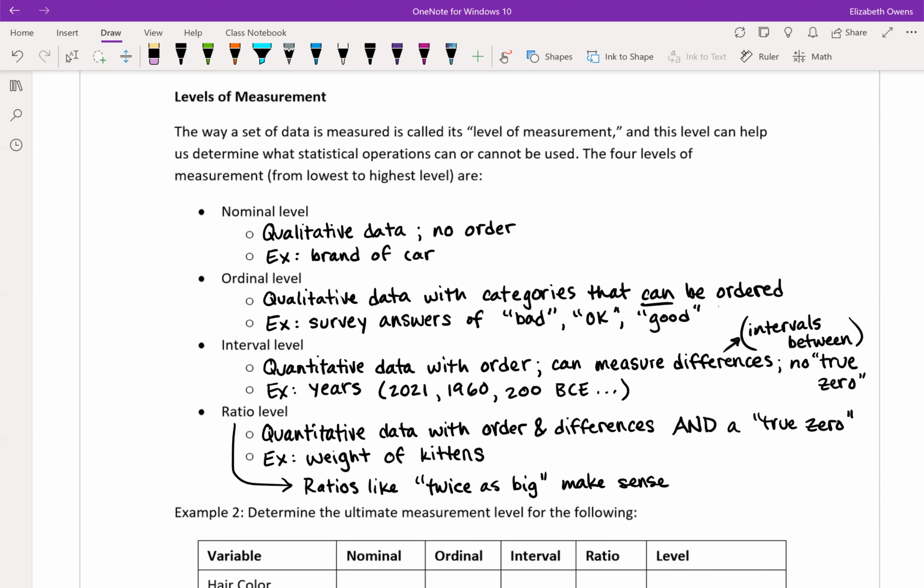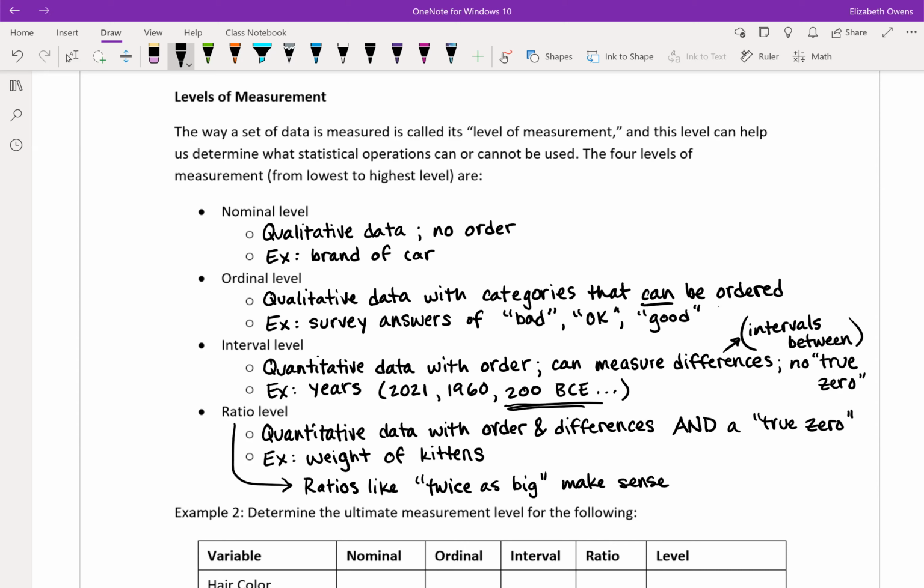With things like years, we can't necessarily say that. So like if you're looking at 200 BCE, can you say that is twice as much as 100 BCE?